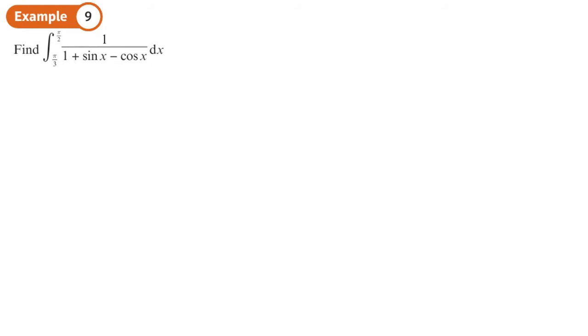So if we write down all of the substitutions that we're going to be using: t is tan x over 2, dx is going to be 2 over 1 plus t squared dt. We also need to substitute the sine and cos as well.